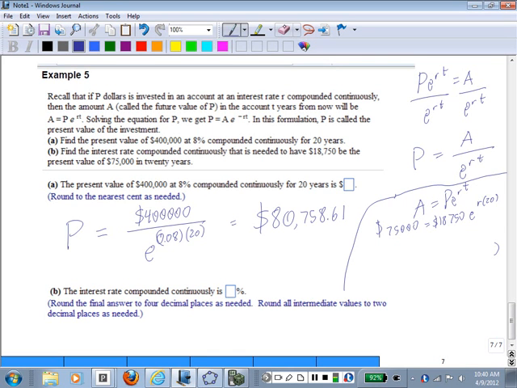And then we want to solve this equation for r. Step 1, divide both sides by 18,750.